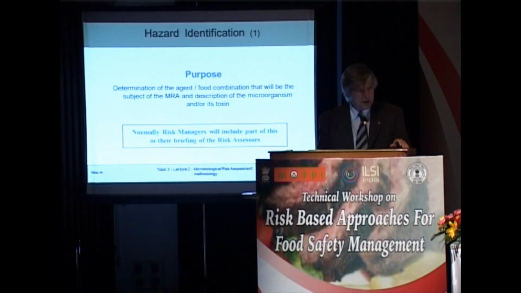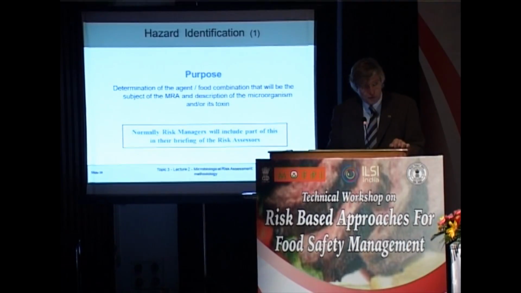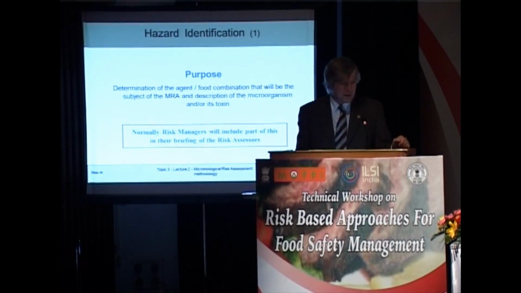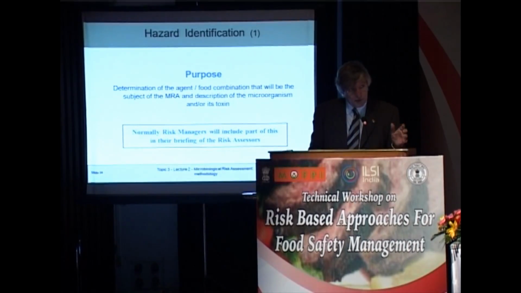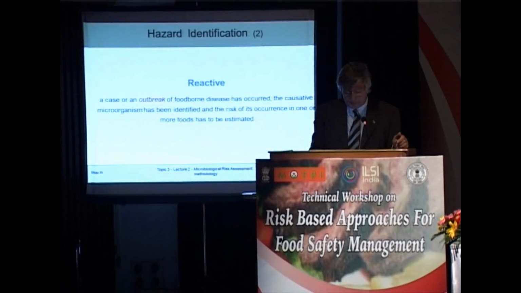Otherwise, resources would be wasted on an irrelevant hazard. The risk assessor should also note whether any other hazards not noted by the risk manager would be equally important, or maybe even more important in terms of risk, because then risk managers can decide: do we change the scope? Do we change the questions for the risk assessment?